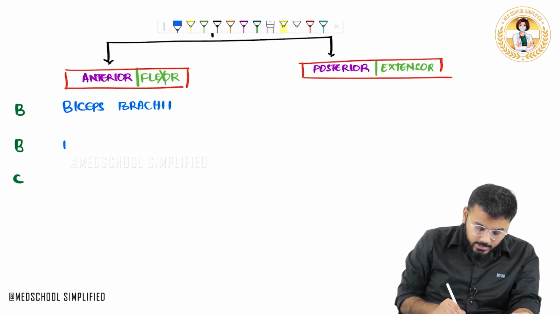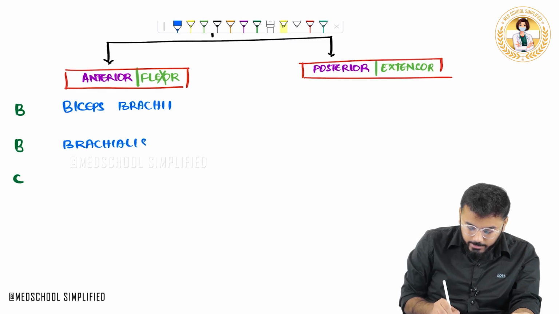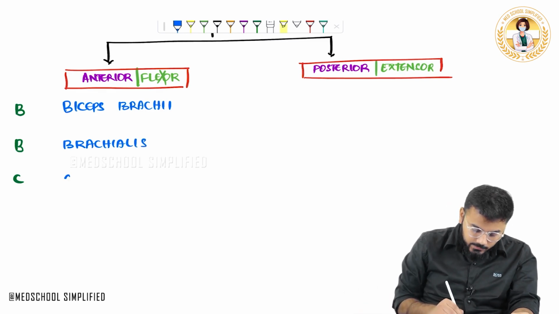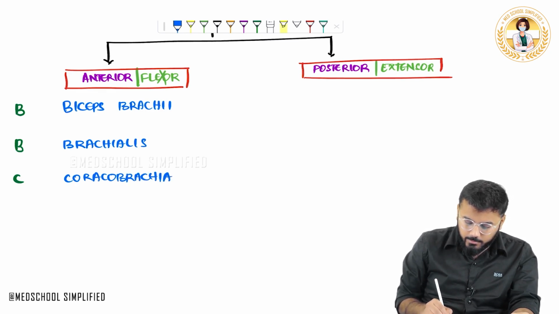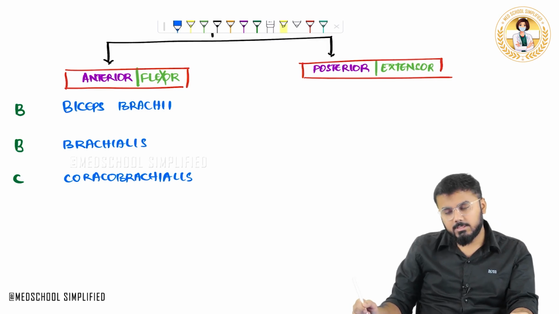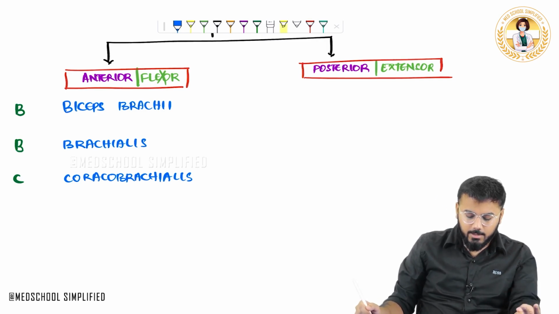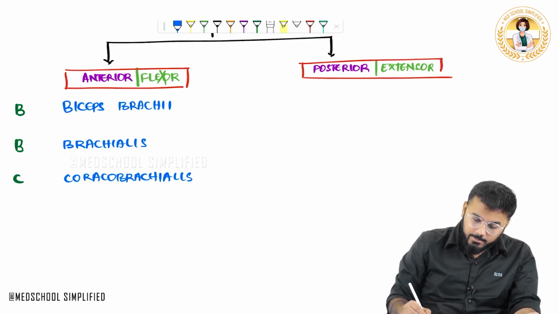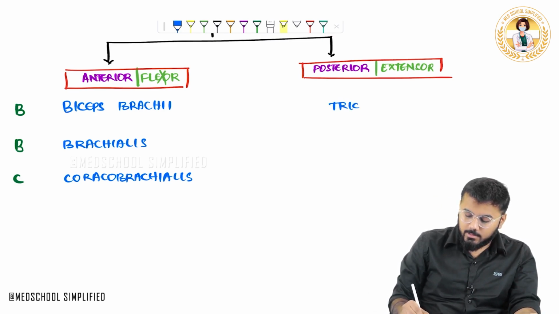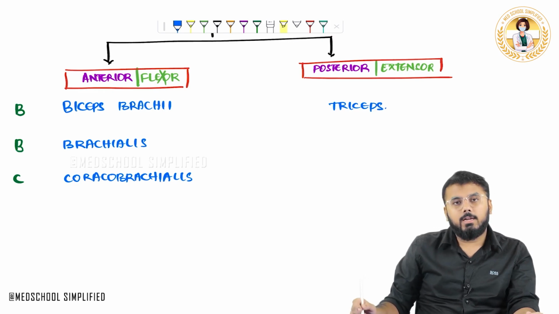The next B stands for brachialis muscle, and C stands for coracobrachialis muscle. So you have three muscles: biceps brachii, brachialis and coracobrachialis. But on the posterior side, you have the triceps muscle.